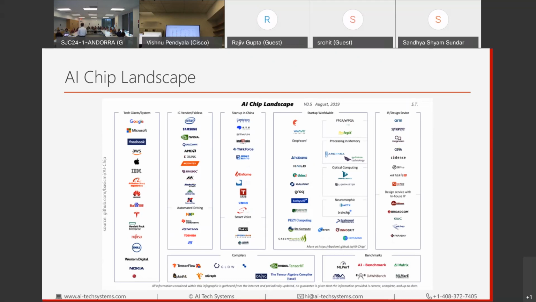They have spun up a company called Groq. You have NVIDIA, AWS, Amazon, IBM, name it, it's there. And most of that was happening in the cloud until last year. It's changing. And just to repeat myself, over $7 billion has been invested from June 2018 to June 2019 in AI hardware startups just in the Bay Area. So this is a subclass of a subclass of a subclass. It's not counting everything.